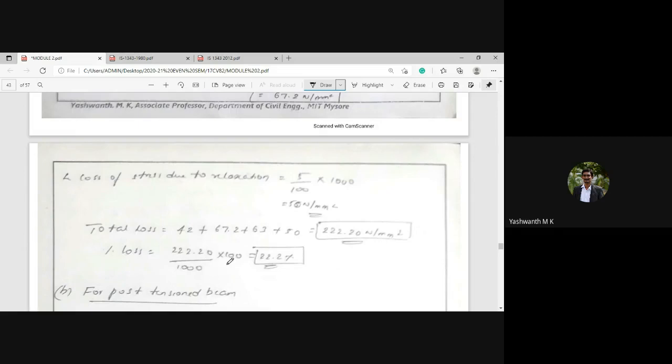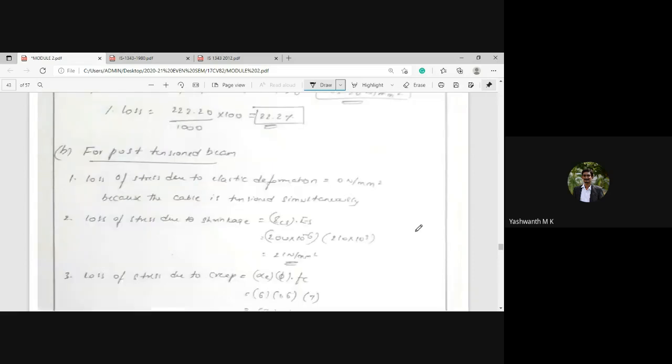So divide by initial pre-stress and multiply by 100 to convert it to percentage, and you will get 22.2 percent. That means the total pre-stressing force applied is 100%, the losses encountered are 22.2%, and the net effective pre-stressing force available is 100 minus 22.2. Like this we need to calculate the loss of stress in the particular pre-tension PSC beam.